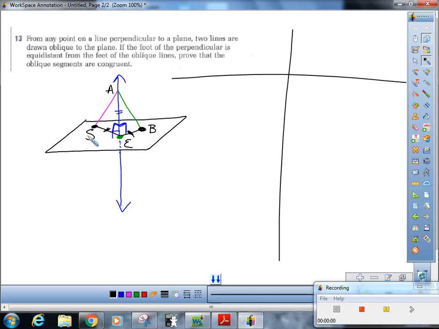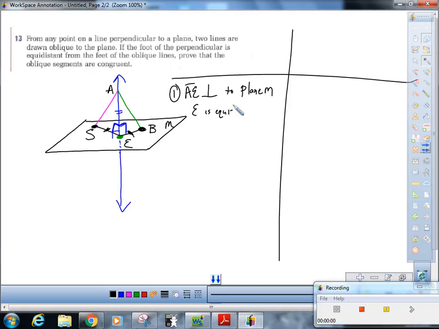So I'm given that AE, let's call this plane M, AE is perpendicular to plane M. I know that E is equidistant from S and B. I think that's all I know, right?